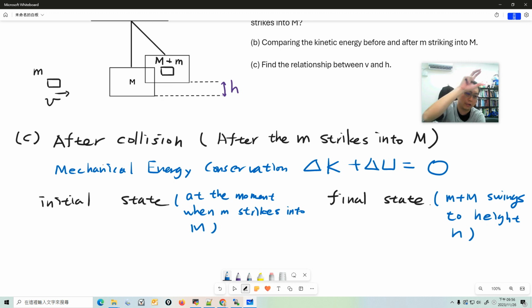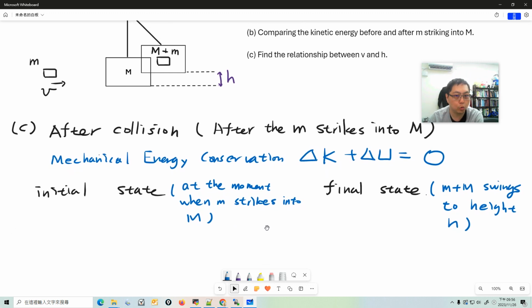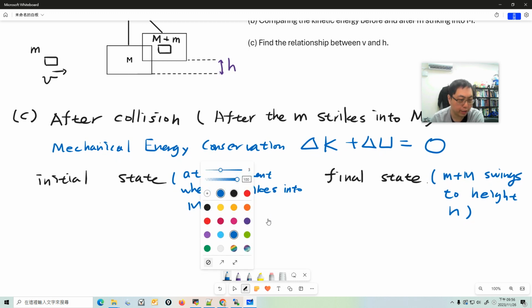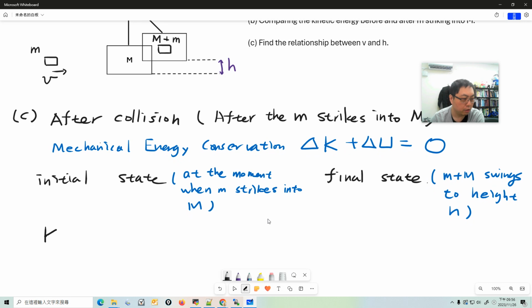So at the initial state, what is our kinetic energy? In the last video we said that when the bullet strikes into the capital M, at that moment this whole system carries a velocity, so it also has kinetic energy.